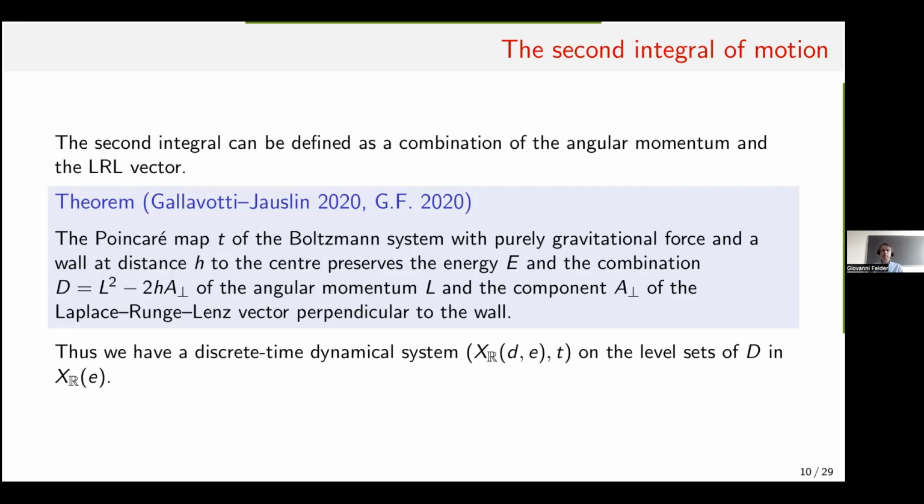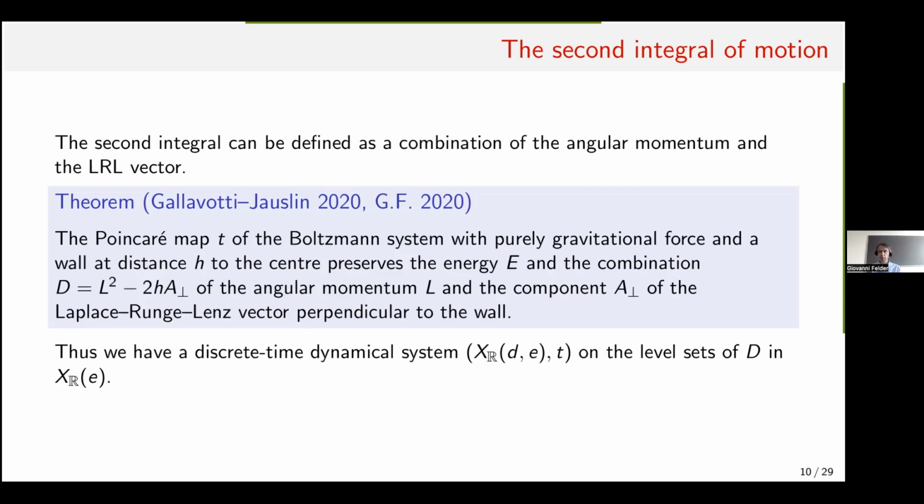The Poincaré map of the Boltzmann system, the Boltzmann billiard, with purely gravitational force and the wall at distance h to the center, preserves the energy, and this combination: the square of the norm of the angular momentum minus 2 times h times the perpendicular component of the Laplace-Runge-Lenz vector.